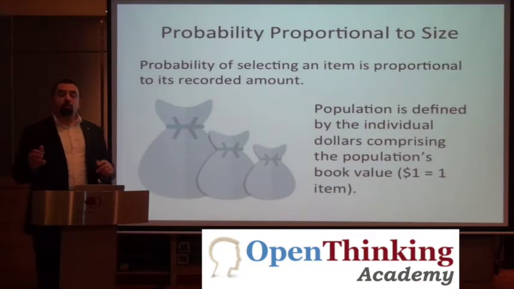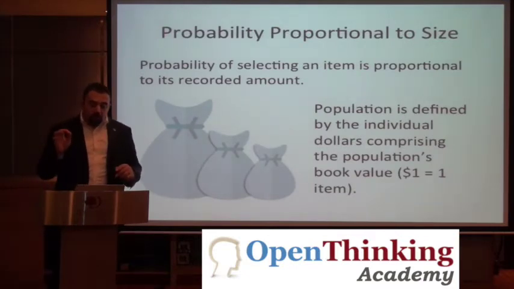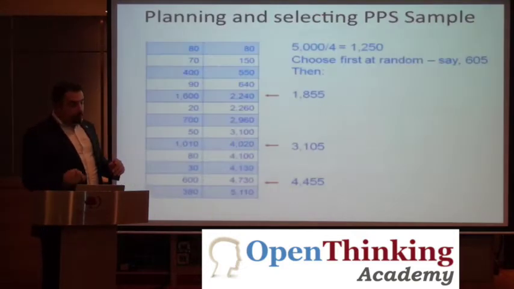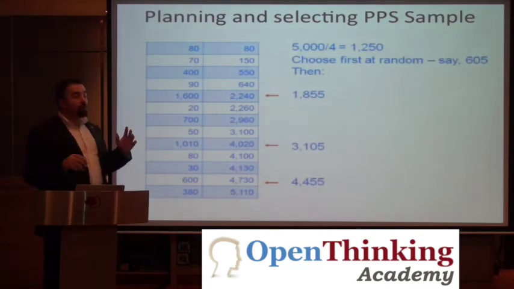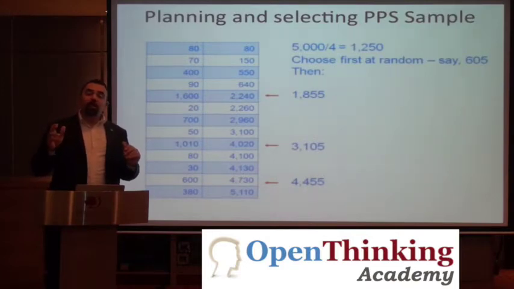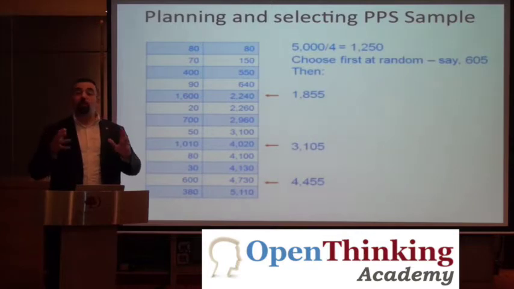Also, there's another way to select a sample, which is called probability proportional to size. And here we are interested in ensuring every dollar has the same chance of being selected. So the way we do it is the following. We look at the population and we say, well, we have so many invoices. However, the total for this period is actually 5,000. We are not speaking about the number of invoices, we are speaking about the dollar amount.